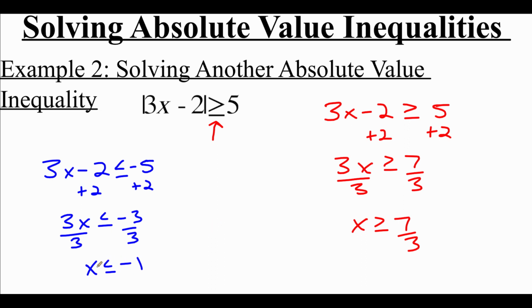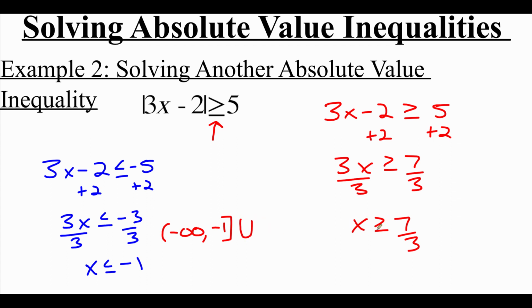For the first inequality, where we've got x values that are less than or equal to negative 1, there's no smallest value there, so we're going to start at negative infinity, and infinity always gets a parenthesis around it. Then we're going up until we hit negative 1, that's our stopping point. We do have the equals to line underneath our inequality, so that means negative 1 is included, so it gets a square bracket around it. We're going to have two separate intervals here, so we're going to use our union symbol between them.